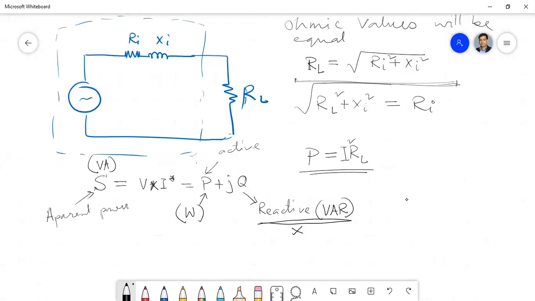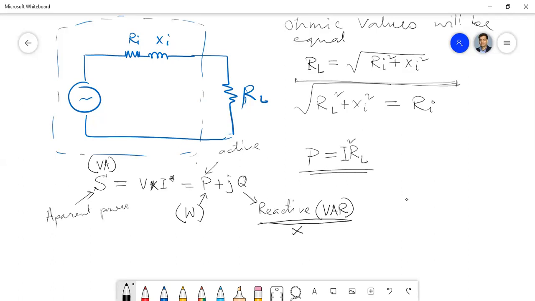So if we take active power only, then, okay, you are right, I think we will not get exactly 50%, because here the resistances are not exactly equal. You are right in that sense.